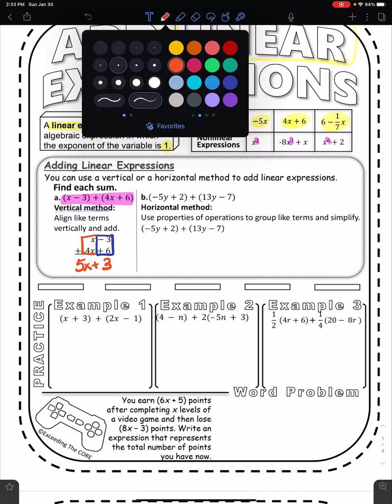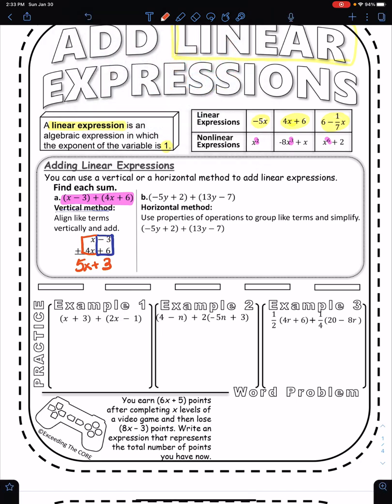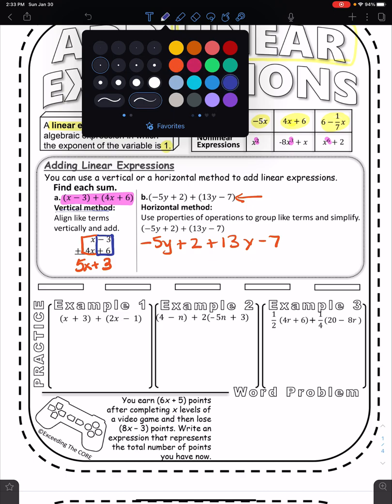I prefer doing it horizontally. It's much more like simplifying expressions and just combining like terms. So if we have this example, negative 5y plus 2, and we're adding that to 13y minus 7, you can actually write them without the parentheses because we're just adding these things together. Then you can circle your like terms the way we did in notes last time.